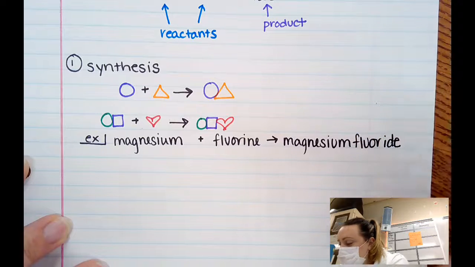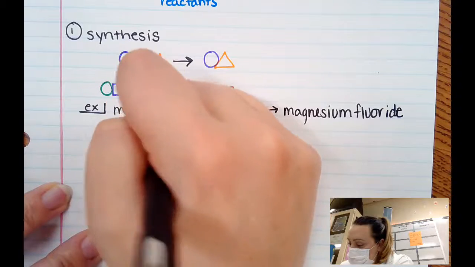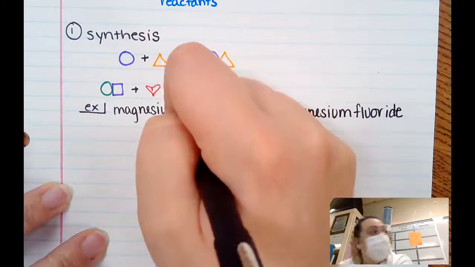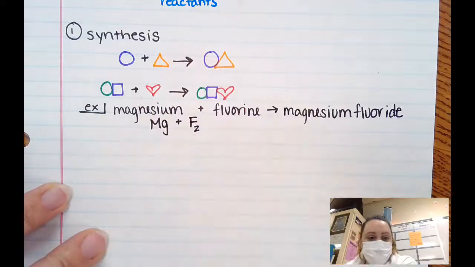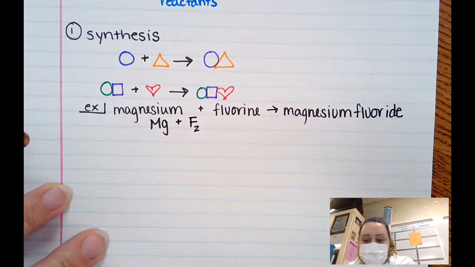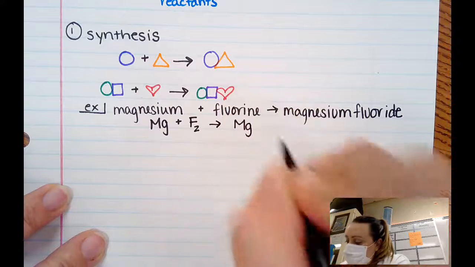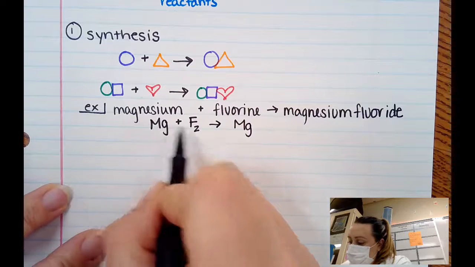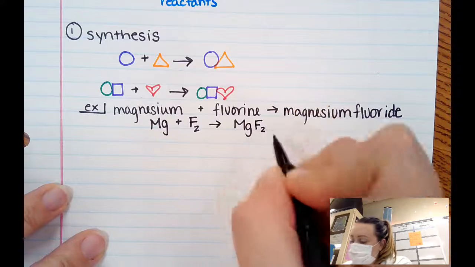Now when we write this with the symbols, we would put magnesium, fluorine is diatomic, and I'll talk about that probably in our next video. Magnesium has a charge of +2, fluorine -1, so for every magnesium, you need 2 fluorides.